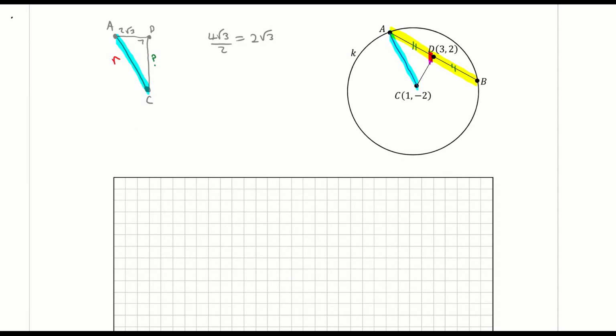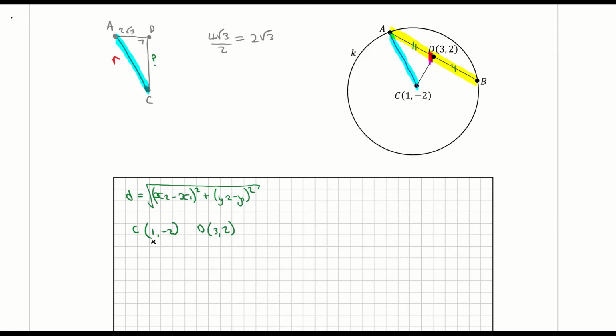So from my log tables, I have the distance as x2 minus x1 all to be squared plus y2 minus y1 all to be squared in the square root. I'm getting the distance from C to D, and the point C is 1, minus 2, and the coordinate of D is 3, 2.